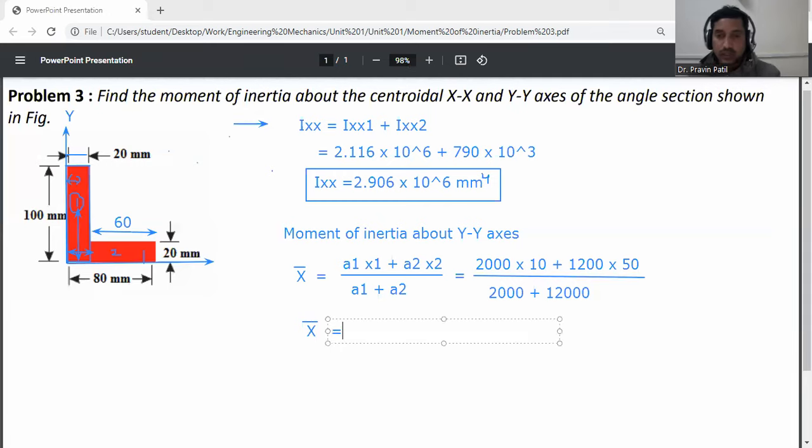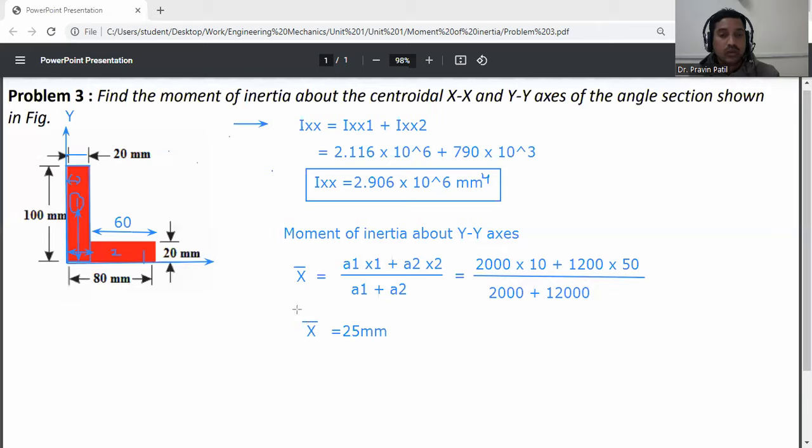Just calculate this: 2000 into 10 plus 1200 into 50, divided by 2000 plus 1200. So x bar will be 25 mm. Okay, this is your x bar value.